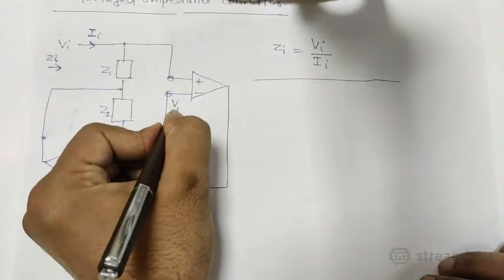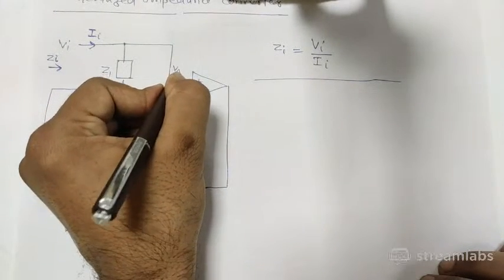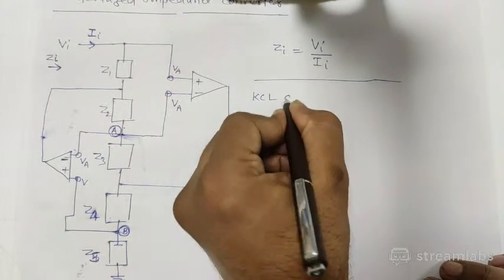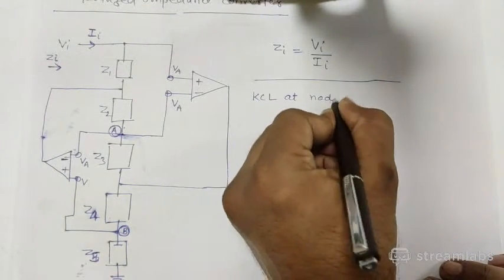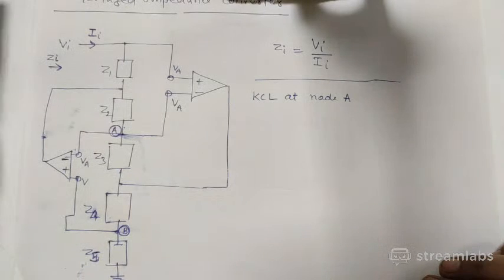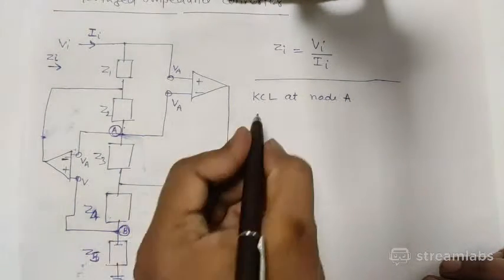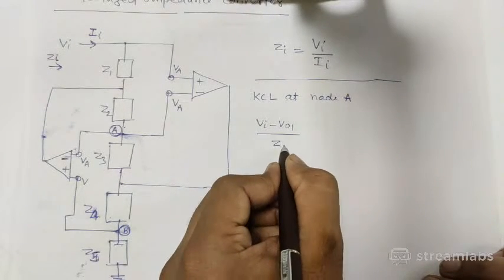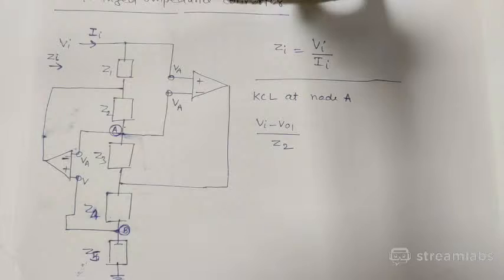So this is VA and this voltage is also VA, and KCL at node A: when you apply KCL at node A, you can say (Vi minus VO1) upon Z2.